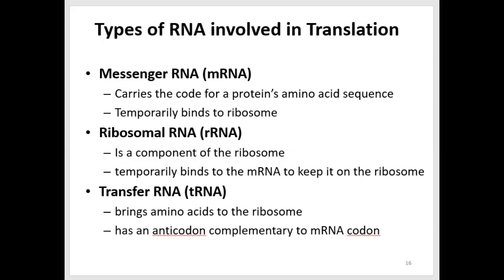There are many transfer RNAs, one for each mRNA codon. Each transfer RNA has an anticodon that is complementary to a codon, and that transfer RNA is attached to a single amino acid.